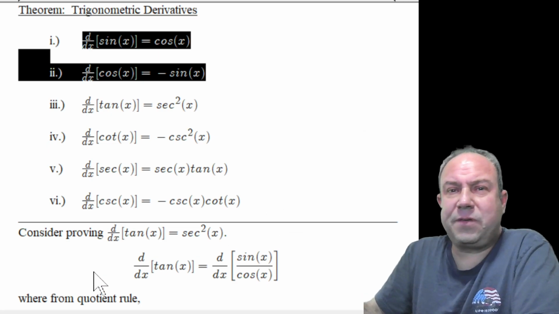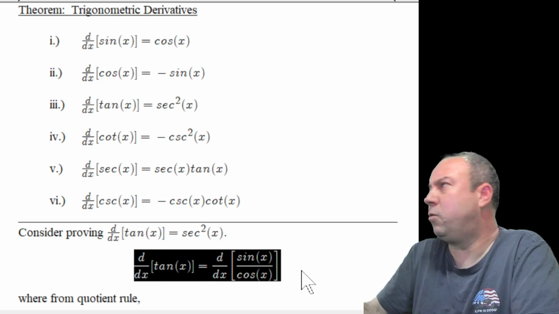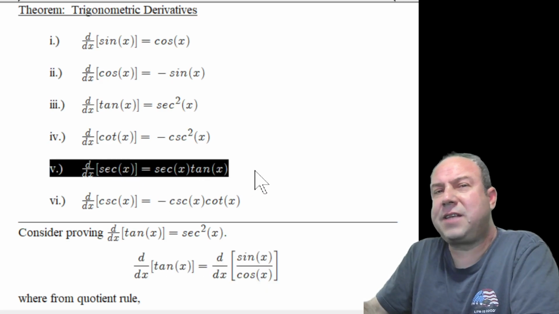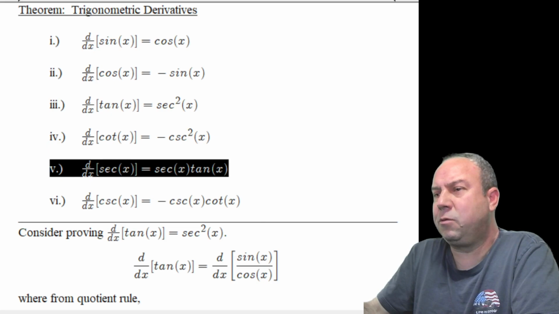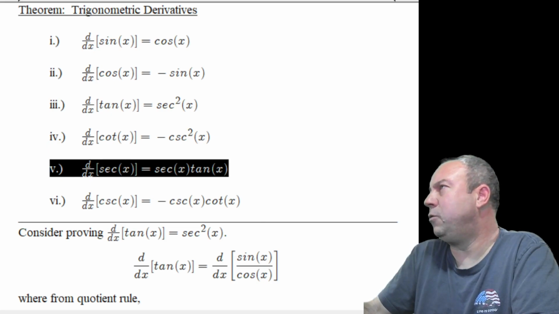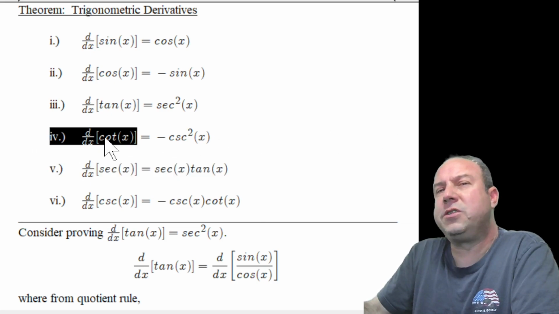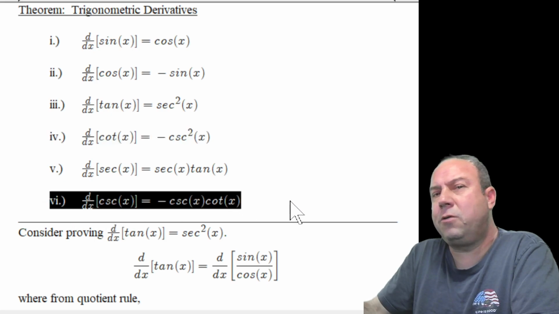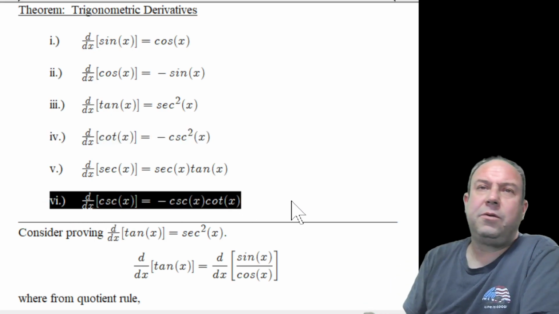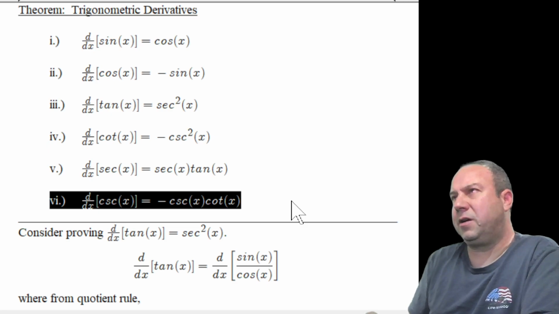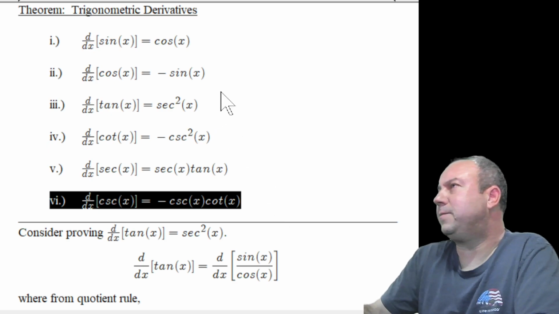We set this up for the tangent using the quotient rule, and for the secant using the quotient rule, to prove these two results. The results for the cotangent and the cosecant, however, will be very similar in their process.